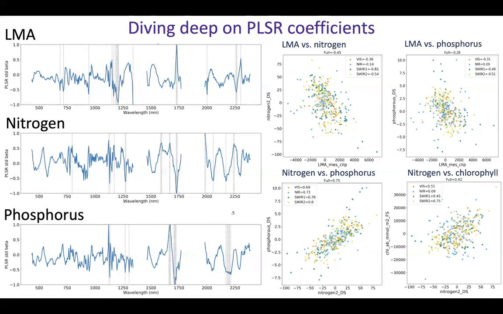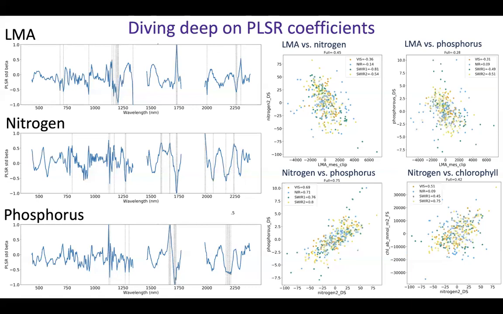So what I'm showing you here is actually the coefficients that go into mapping each one of these. If you look at LMA, this wavelength right here indicates a wavelength that contributes a lot, and this also. If it's highly divergent off the zero line, it's really important to the prediction. So this is LMA, this is nitrogen, this is phosphorus.